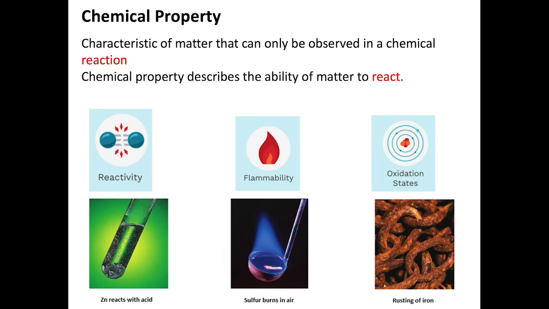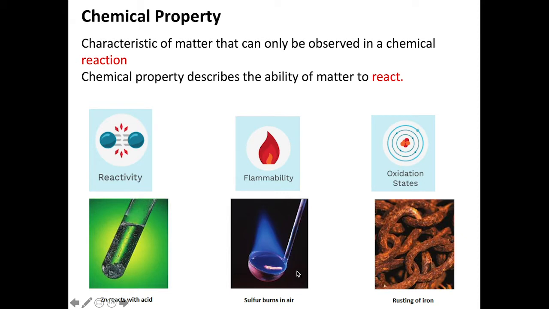I could also look at the chemical properties of the matter. For example, this would be things like how reactive it is with other chemicals or other forms of matter. Zinc will start to bubble when it's combined with an acid. So reactivity: something interacting with another thing that causes a reaction. Flammability: can it catch fire easily?